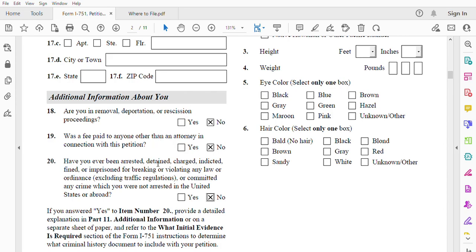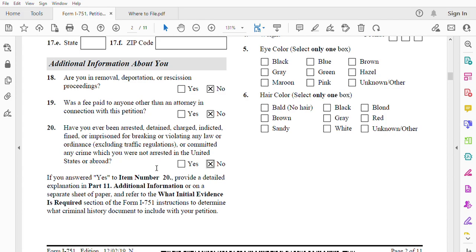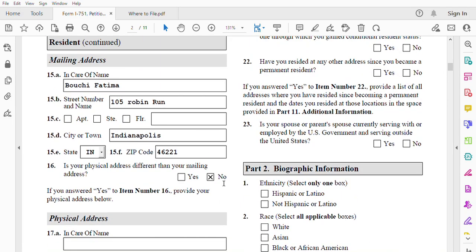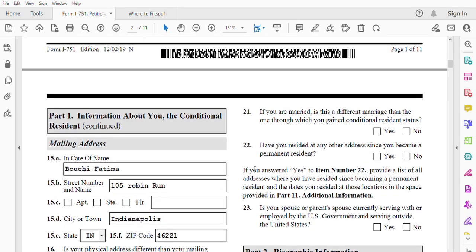It tells you right here, if you answered yes to item number 20, provide a detailed explanation in part 11, additional information. We're gonna go to the additional information page, and we're gonna explain it as well. So we're gonna go to question number 21. If you are married, is this a different marriage than the one through which you gained conditional resident status?